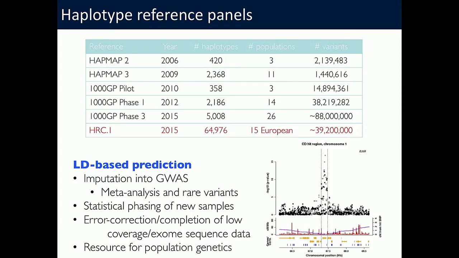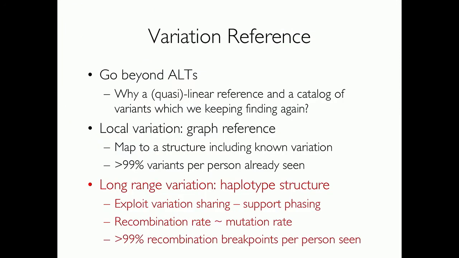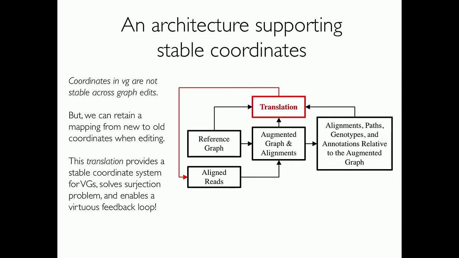Okay, so those are variation graphs on the local scale. What about this long-range scale I talked about at the beginning? This is where I was meant to show this slide, so I'm moving on to that section.